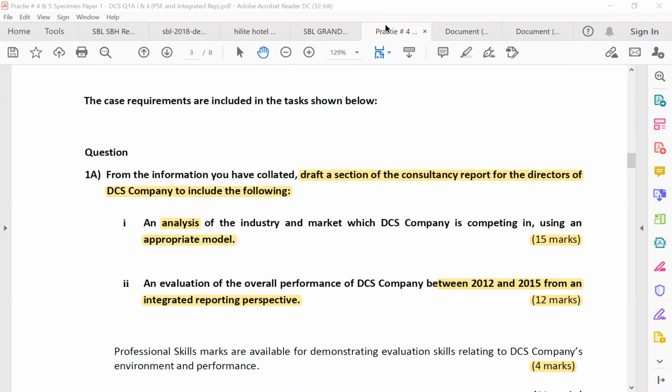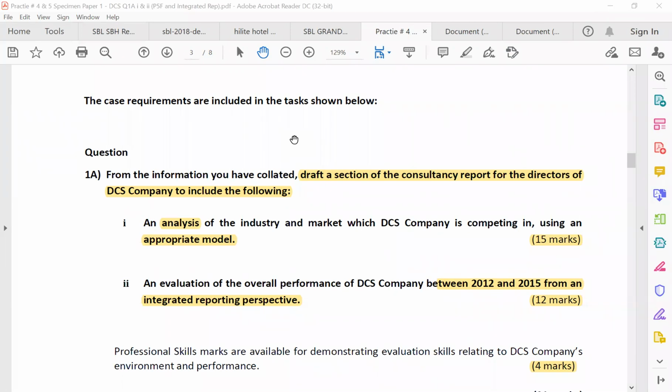Okay, so I hope you guys must have completed this question right now. So let's just resume. The first question was to draft a section of the consultancy report for the directors of DCS company to include the following: an analysis of the industry and market.